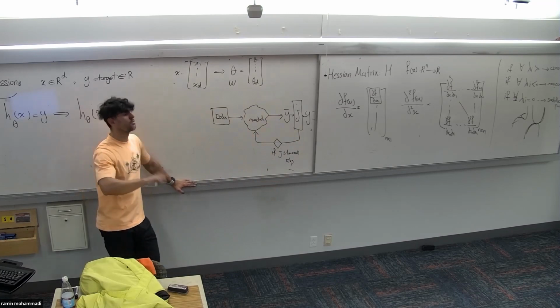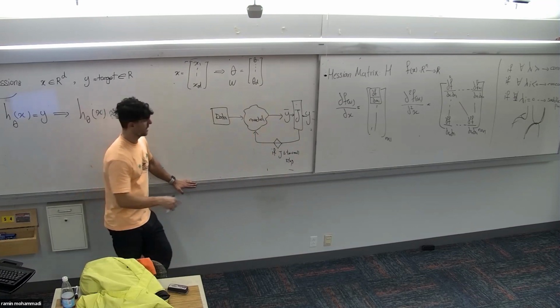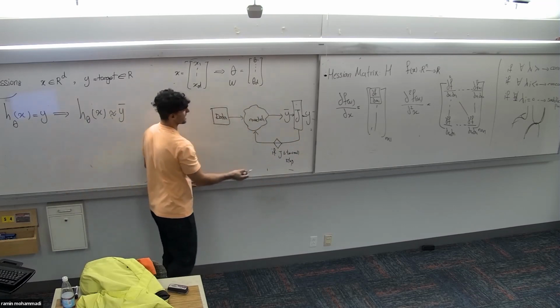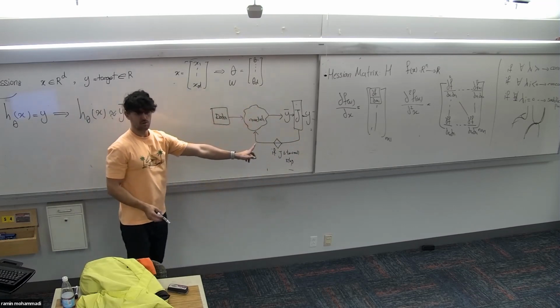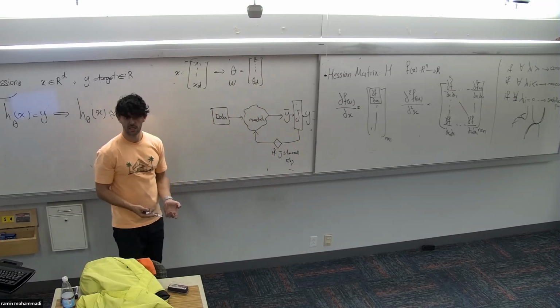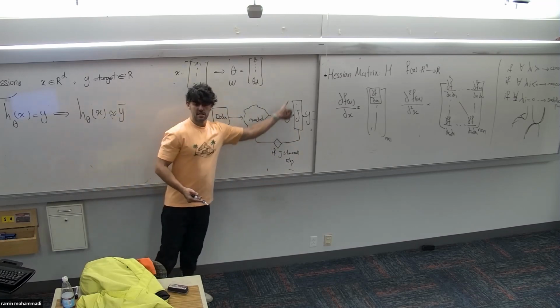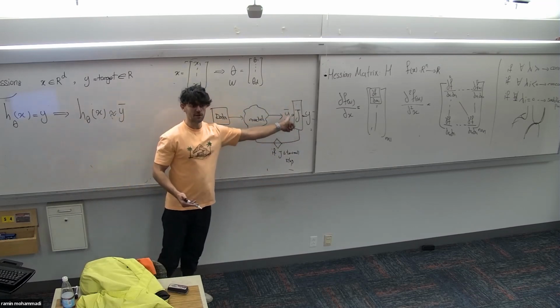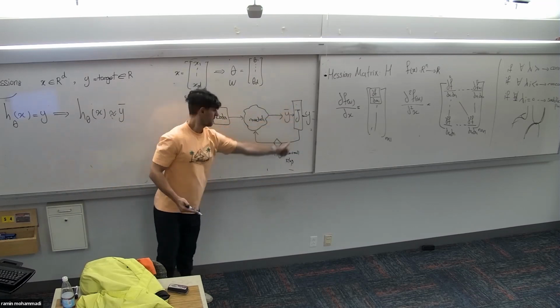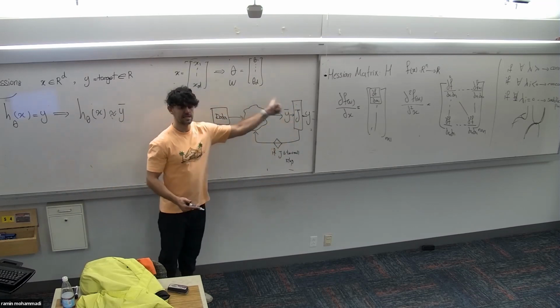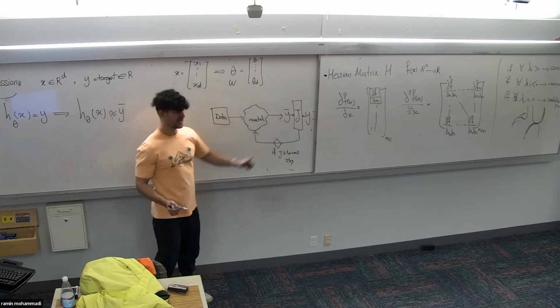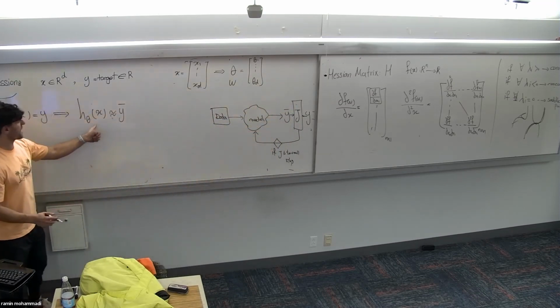Stop this loop. The majority of problems are going to be like that: data, model, some function that calculates the error, and looping back. That becomes the learning part. Okay. So we want to map X to Y hat.